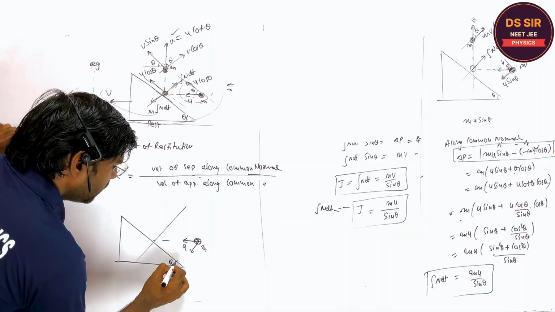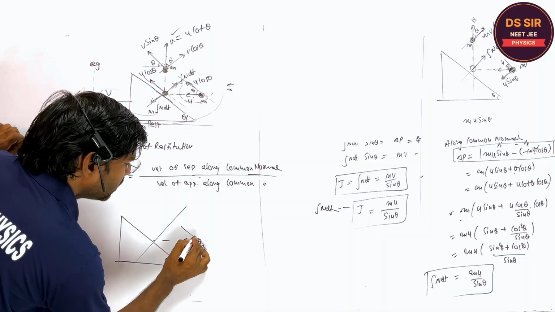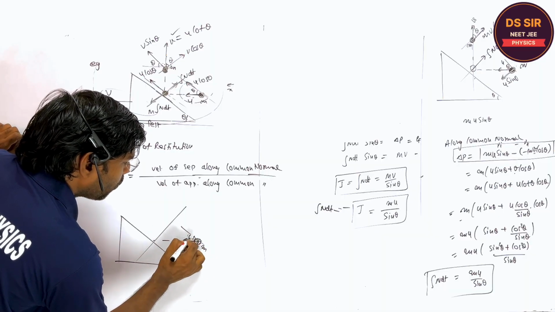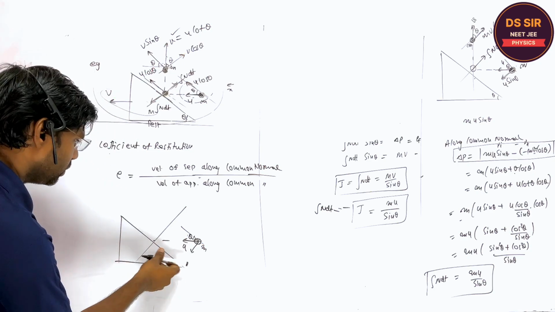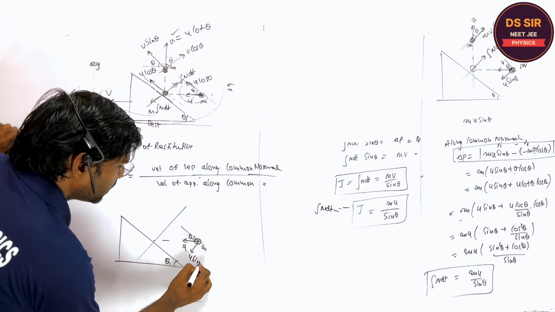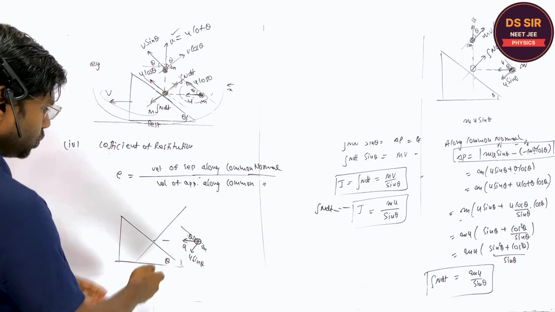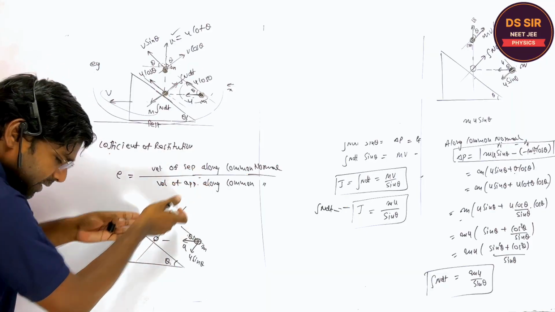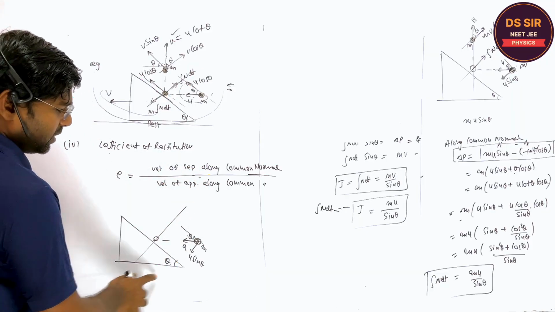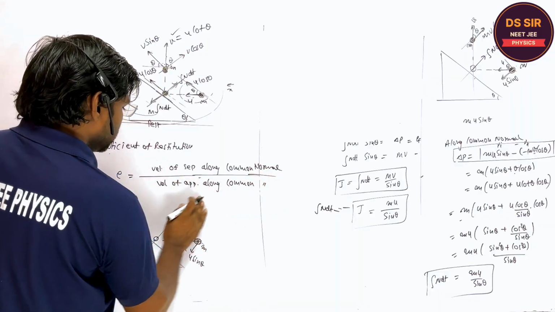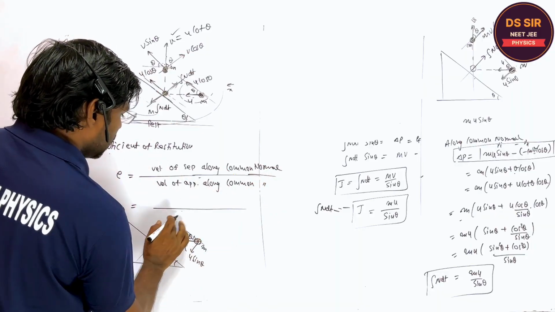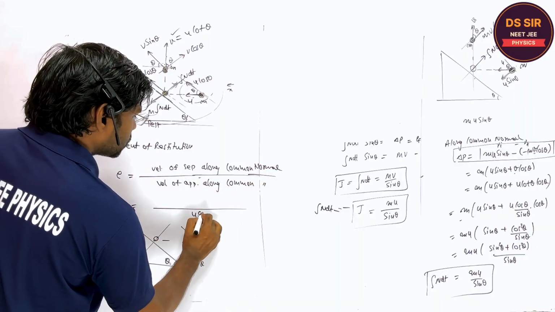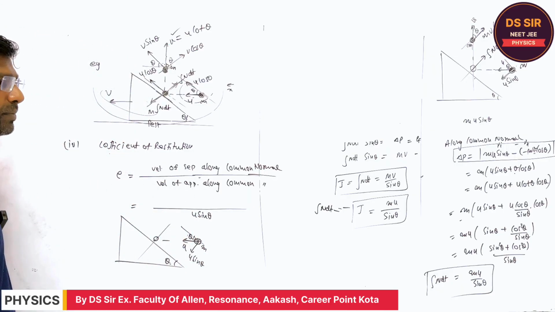If this is theta, this is theta. This is u sine theta. So by what velocity is the ball reaching toward the surface? Say u sine theta. So the velocity of approach along the common normal is u sine theta. Is it clear or not?